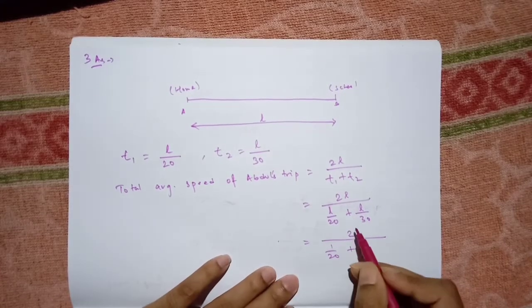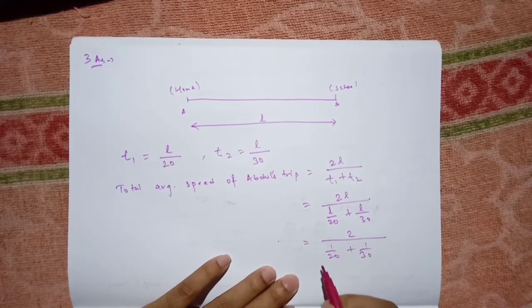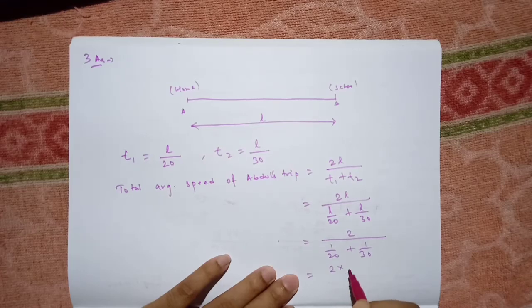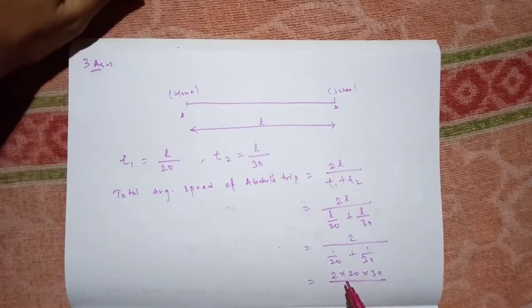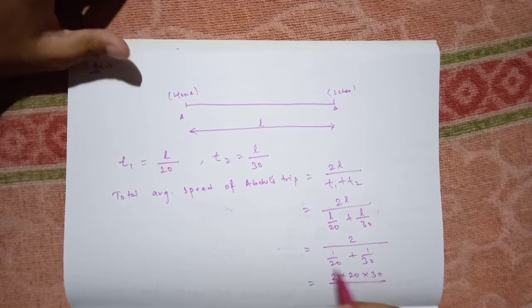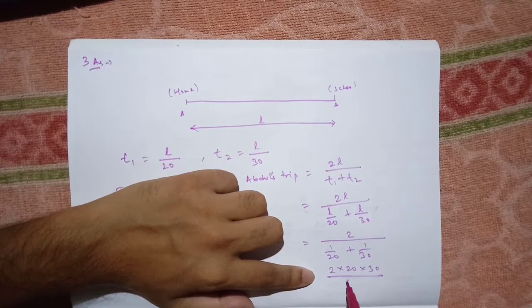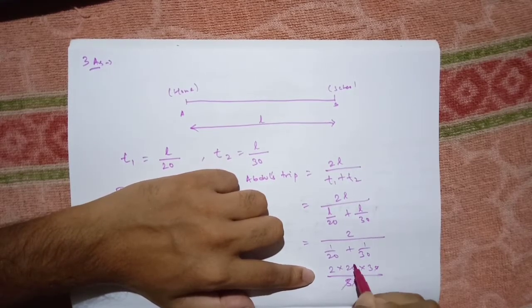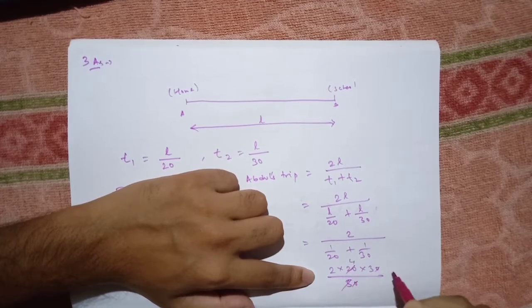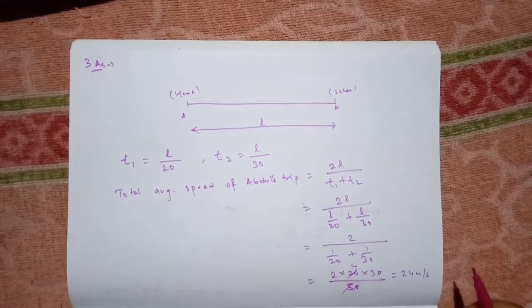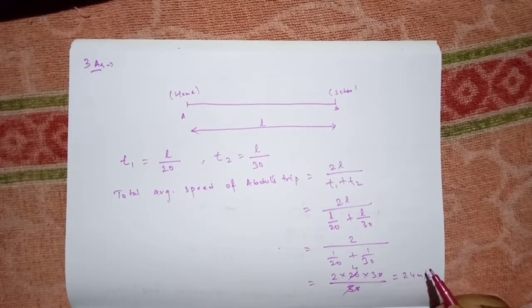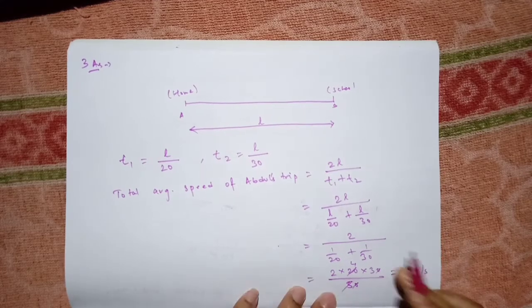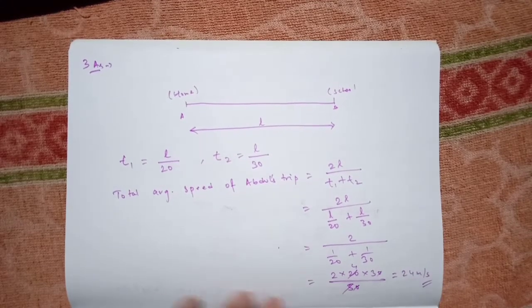Now this 20 plus 30 will go up like this, 2 into 20 into 30 by, this will get added, 20 plus 30 which is 50, this 0 gets cancelled, 4 5 4s are 20 which is 24 meter per second. So this is the total average speed of Abdul's whole trip, okay, which is 24 meter per second.